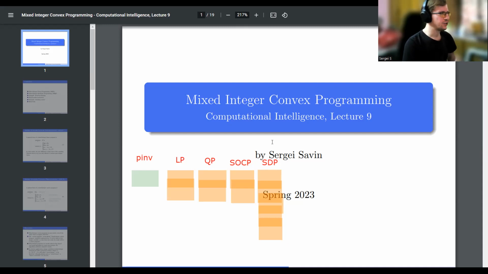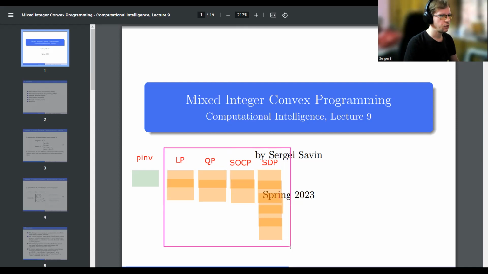So basically, we have this realm where we have problems and we have solvers for them, okay? And when people talk about convex optimization, they basically talk about this part. But that is not all that people use in this realm.